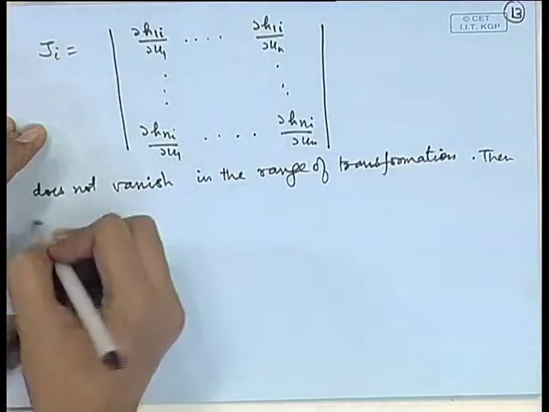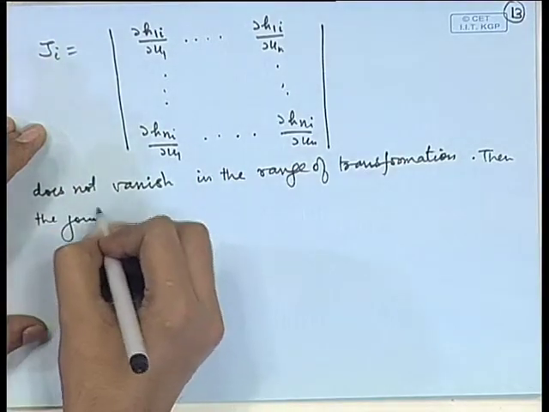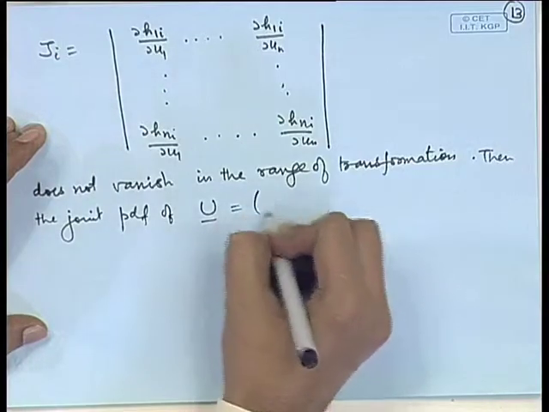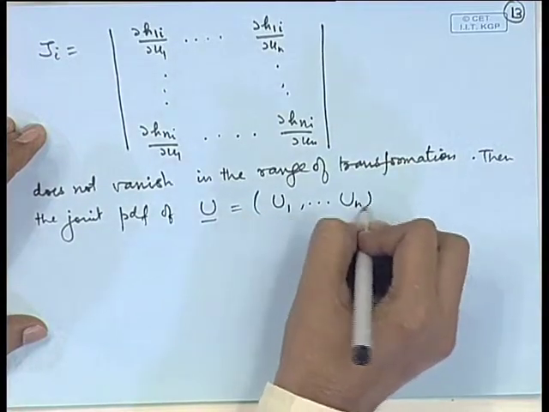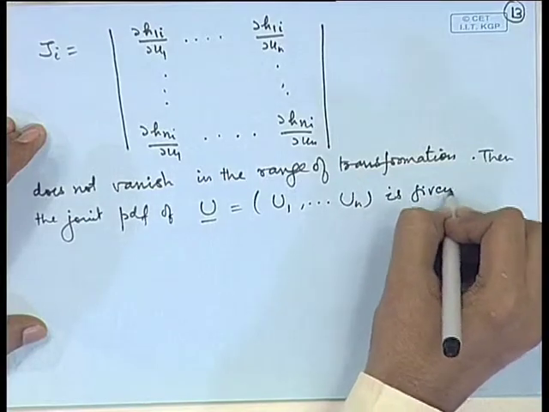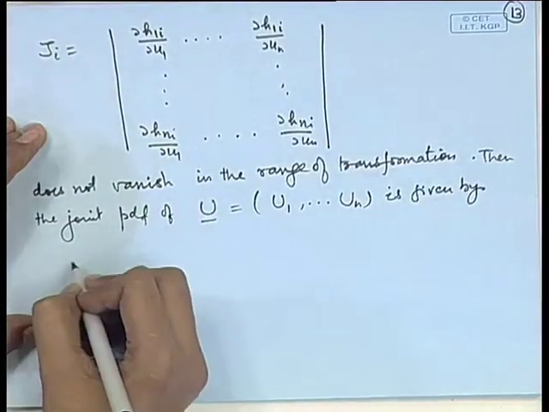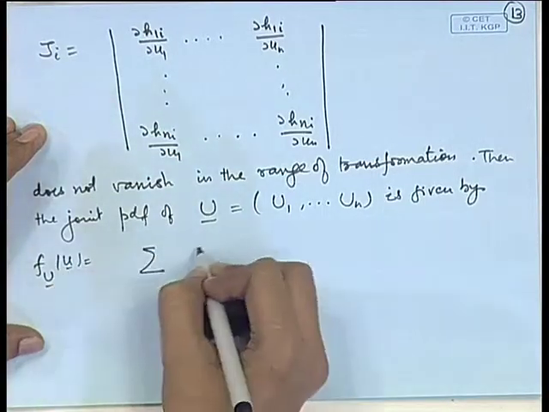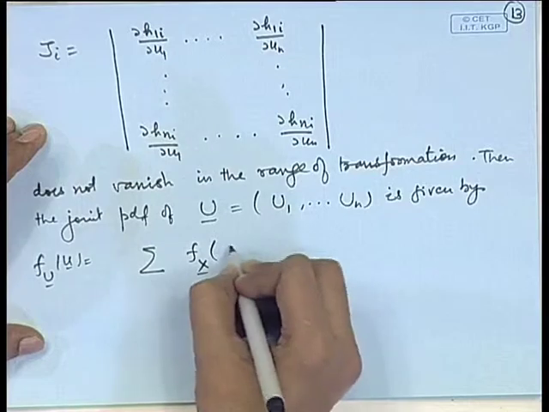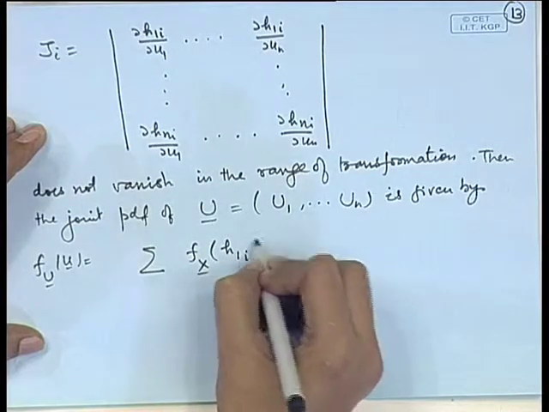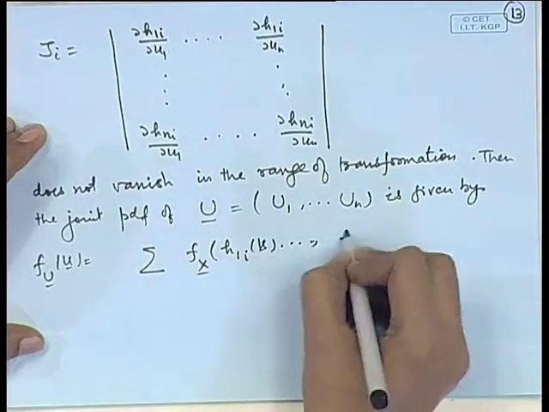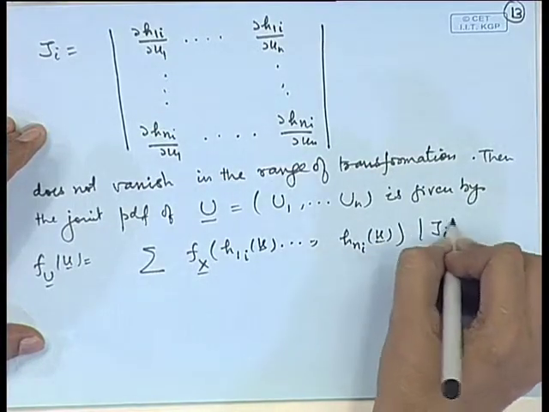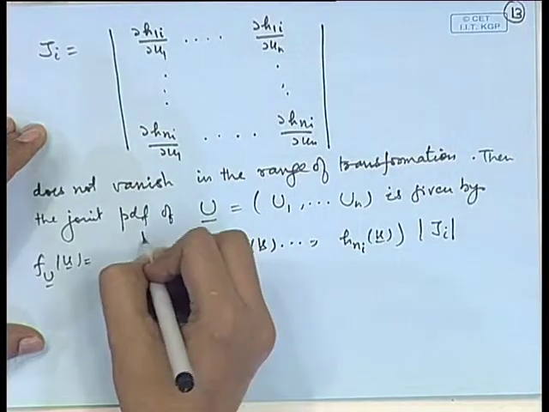Then the joint PDF of U = (U1, U2, ..., Un) is given by f_U(u) = sigma f of (h1i(u), ..., hni(u)) multiplied by the absolute value of the Jacobian J_i, i = 1 to k.